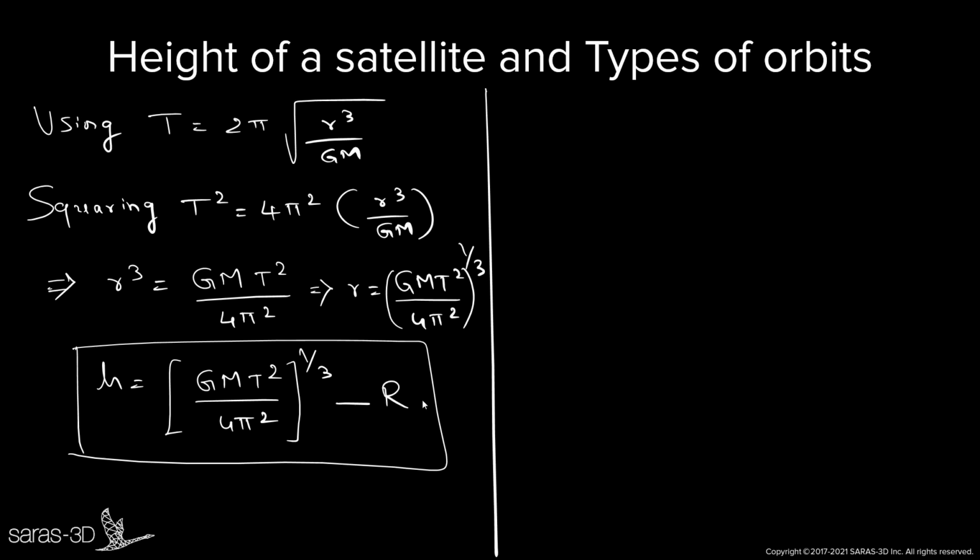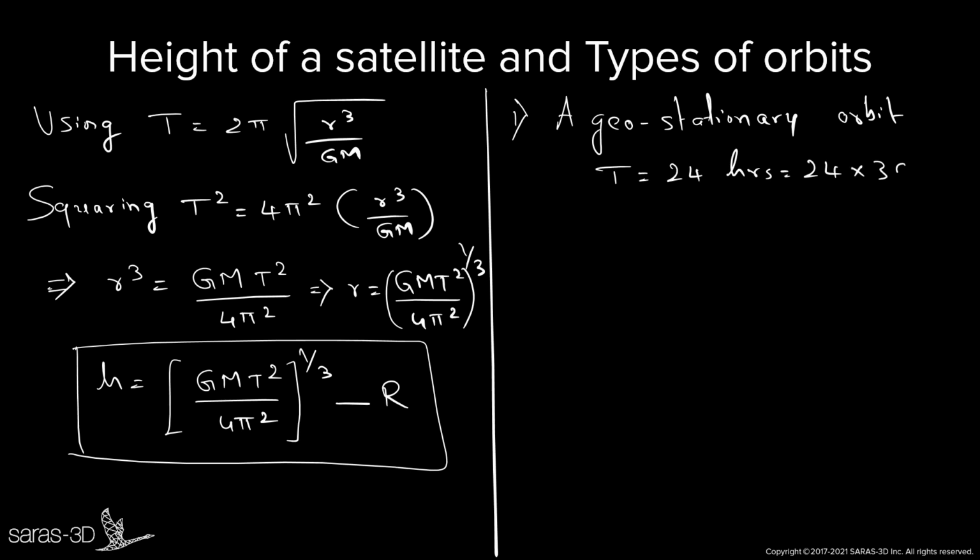Now we will consider the case of a geostationary satellite. We will understand in detail what a geostationary satellite is, but for the time being you should know that for a satellite placed in geostationary orbit, the time period of rotation is 24 hours, which means 24 into 3600 seconds.